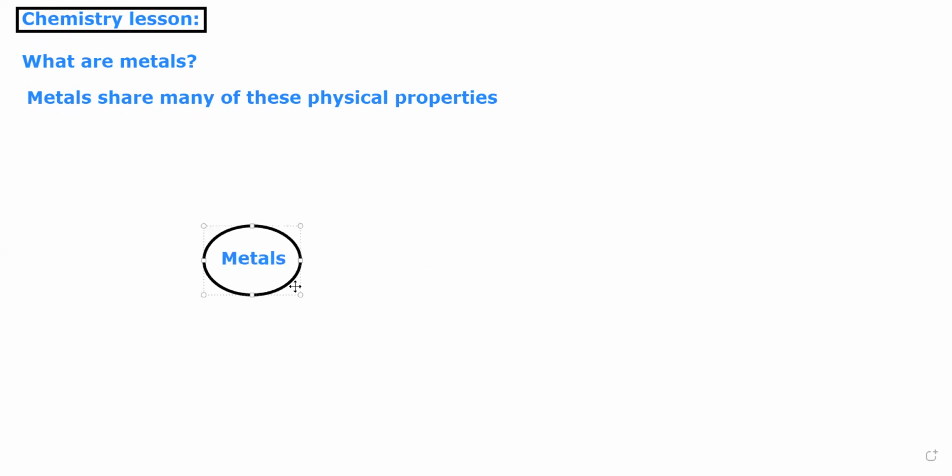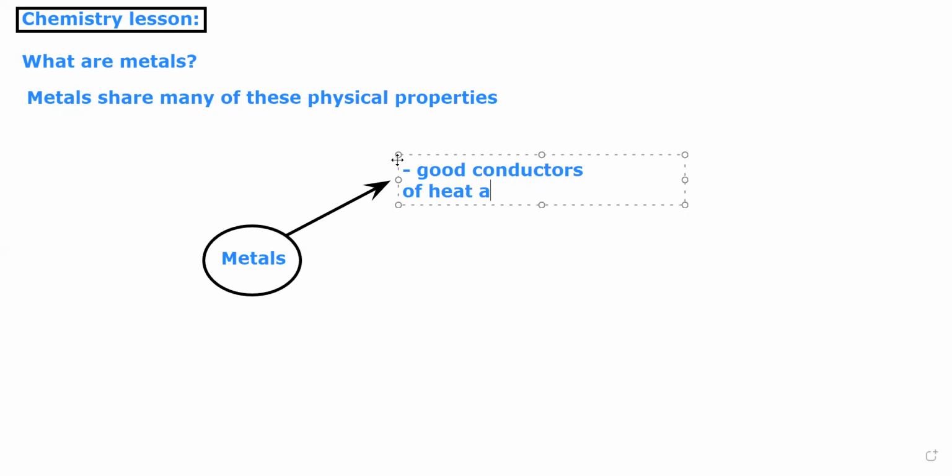All metals are good conductors of heat and electricity. Before going ahead with their reactivity, we need to know the basics, like what type of elements they are. So they have good conductivity.